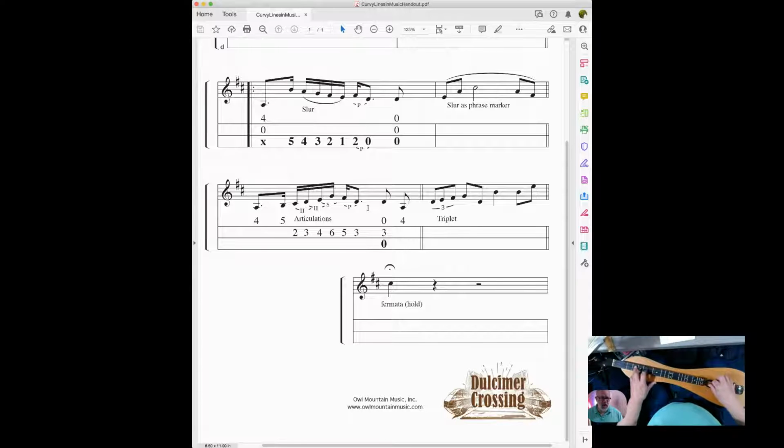A hammer-on has to start on a lower note. You pluck one and you use another finger to hammer onto something above that, and a slide. So I have hammer, hammer, slide.